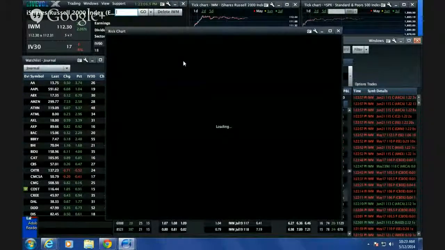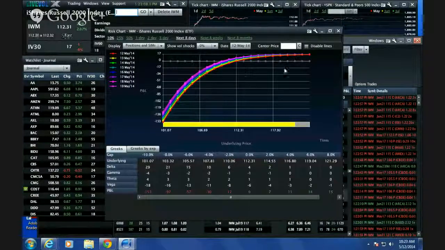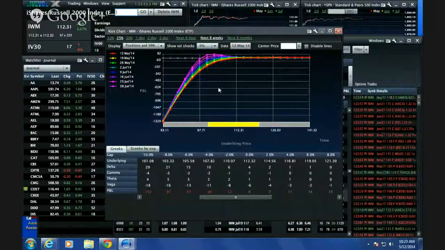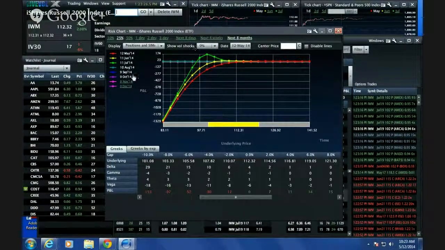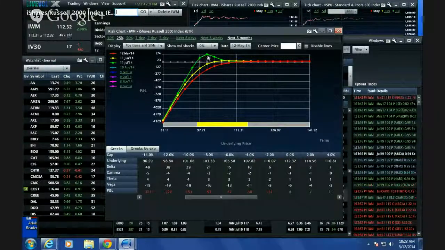Let me see the risk chart. Right, so basically what this is saying, you see how there's a little rise right here? So if you can see, I'm making money this whole time, and then by July I'm good until like 96 bucks, right?